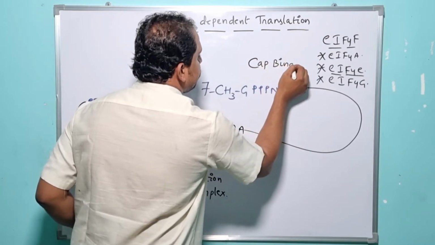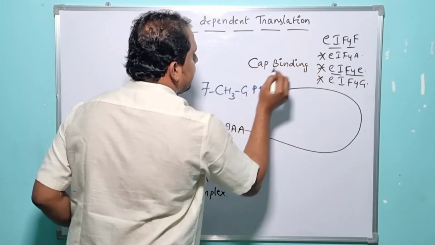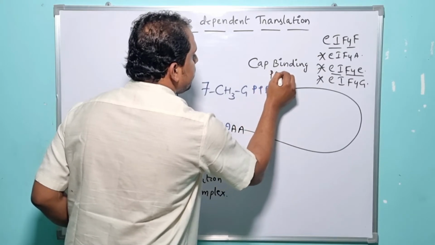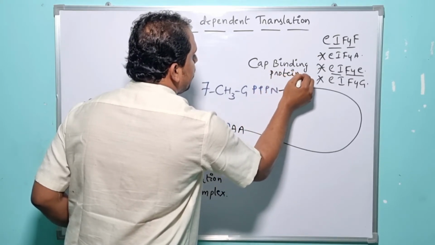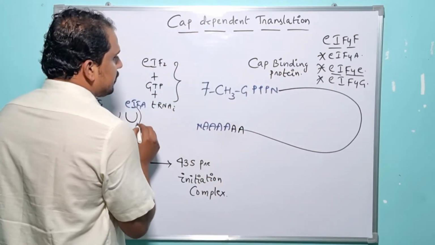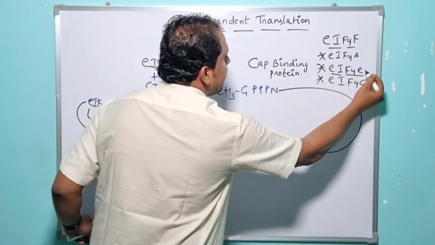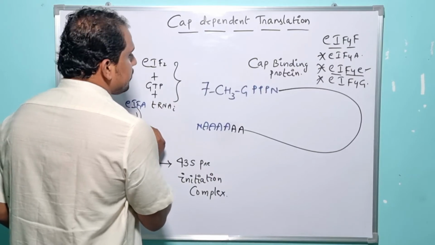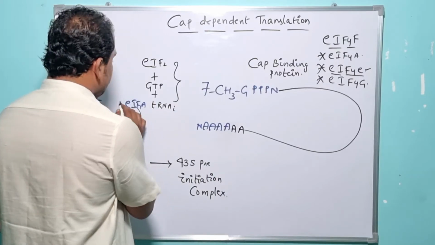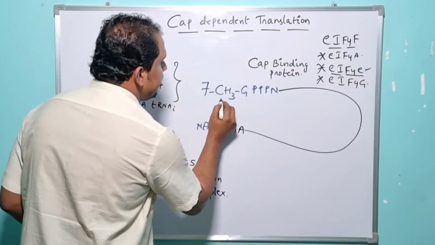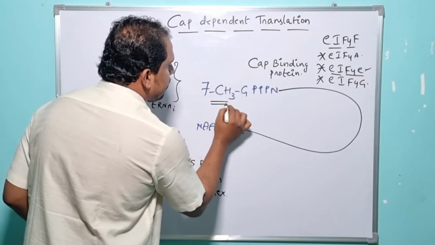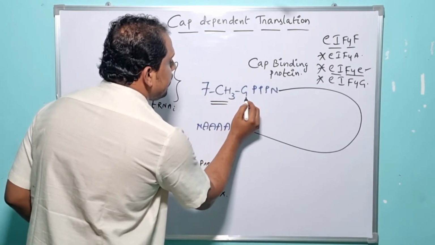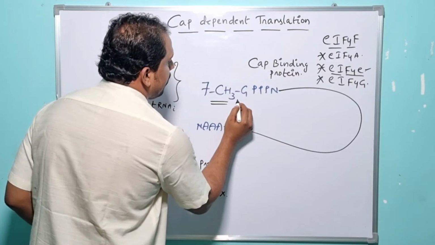That means for the successful recognition of the methylated guanosine nucleotide, which is present at the extreme 5' end of the eukaryotic mRNA, the 43S pre-initiation complex takes the advantage of eukaryotic initiation factor 4E. So by taking the advantage of eukaryotic initiation factor 4E, the 43S pre-initiation complex is capable to recognize the methylated guanine nucleotide which is present at the extreme 5' end of the eukaryotic mRNA.